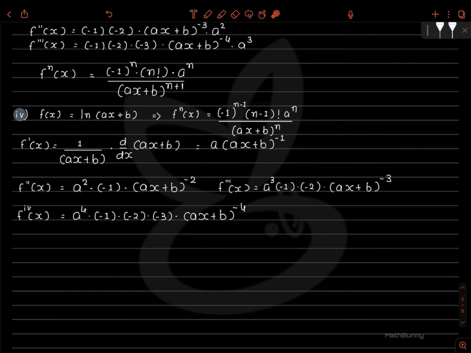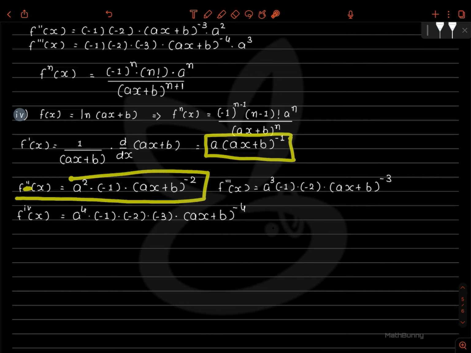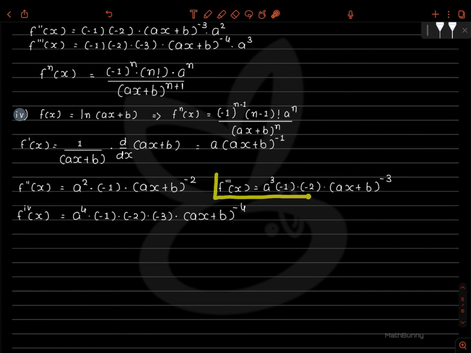And we can also see, for the first derivation, there is no term involved in here. For the second derivation, the whole term is negative and it is minus 1. For third derivation, the whole term is positive because two minuses are getting multiplied, right? So we can say for every even derivative, the term is negative.